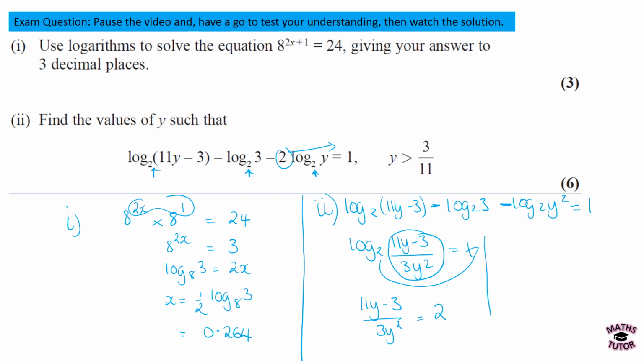Then just cross multiply, 11y minus 3 is equal to 6y squared.